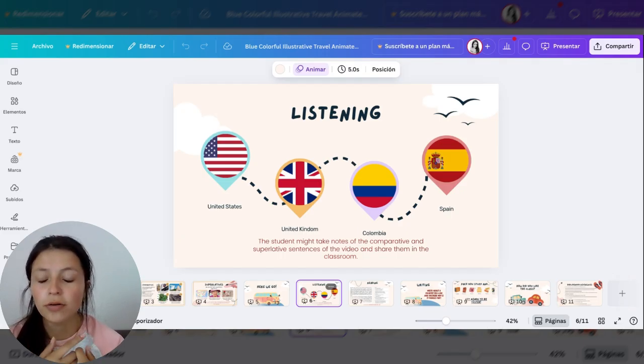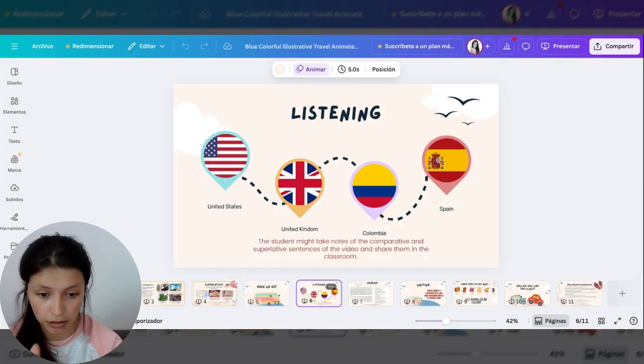So, what I want them to understand is how much biodiversity we have around the world. Even though the United States and the United Kingdom both speak English, and Colombians speak Spanish, it's not the same accent, it's not the same idiom, it's not the same phonetics and phonology.